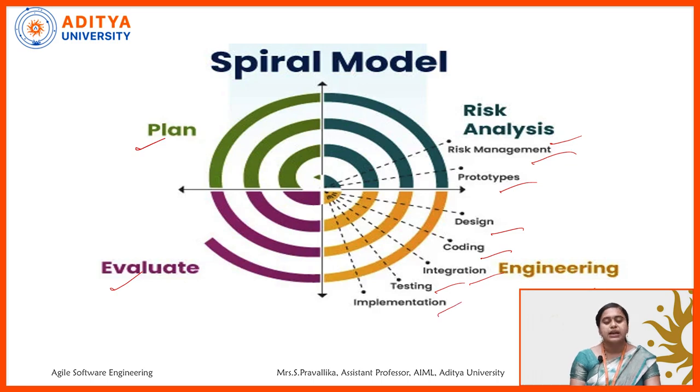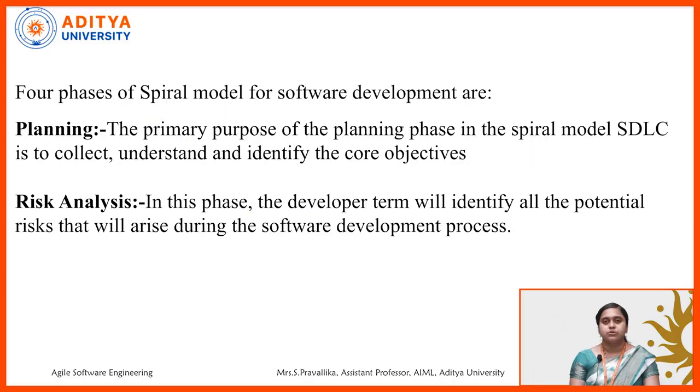The last phase is evaluation. These are the stages involved in the spiral model, and since it is a combination of the waterfall and iterative models, all the phases are repeated, one after the other. So let us look at these four stages in detail.